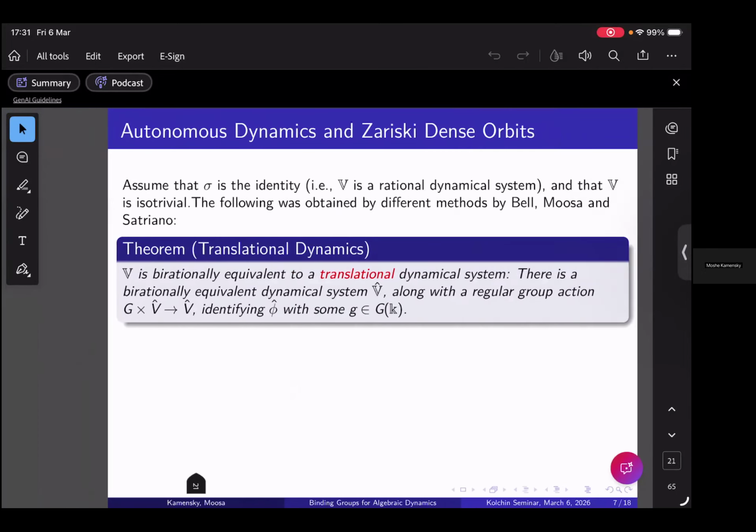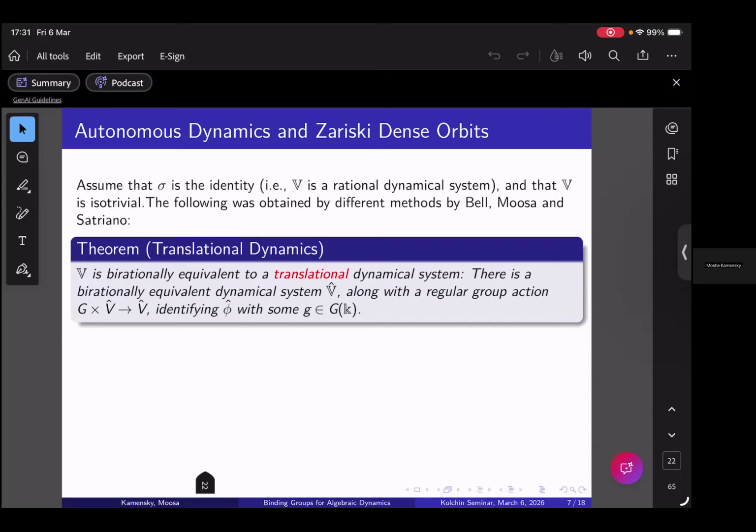And the answer in this isotrivial case is yes. This is a result that was obtained by Bell, Moosa and Saturnino, but with totally different methods, and from the perspective of the theorem that I just explained, this is essentially trivial. The statement is that in the isotrivial case, the dynamics is always translational, so it always comes from a group action, at least up to birational equivalence.